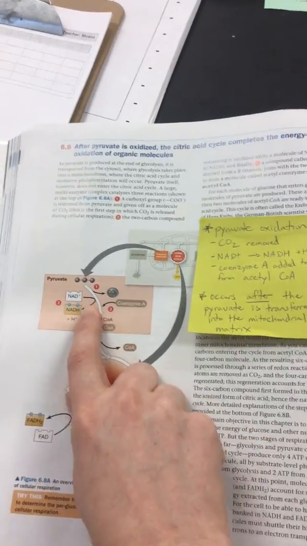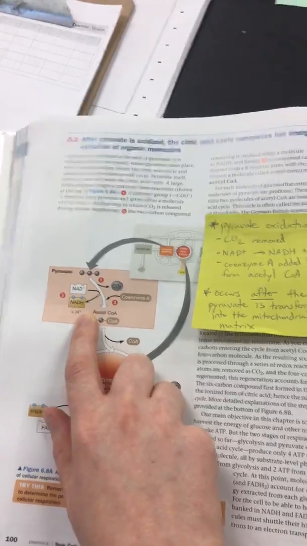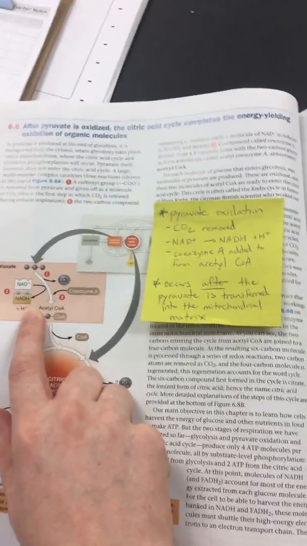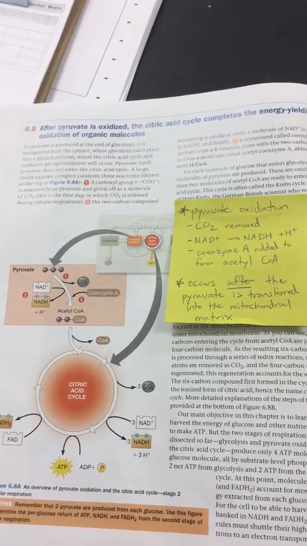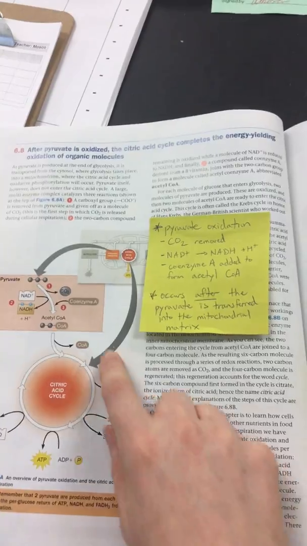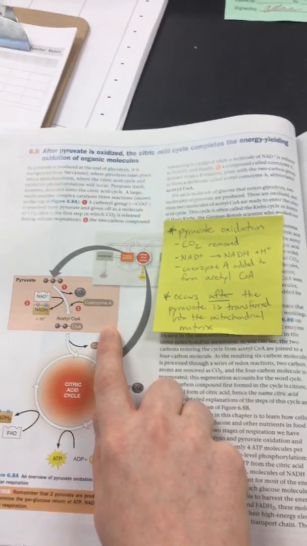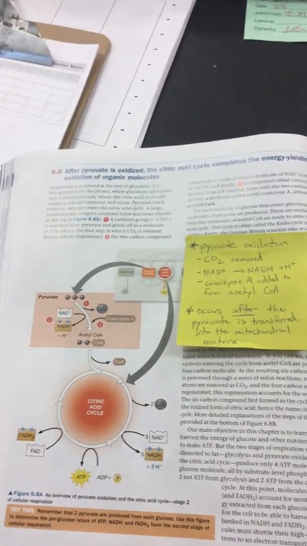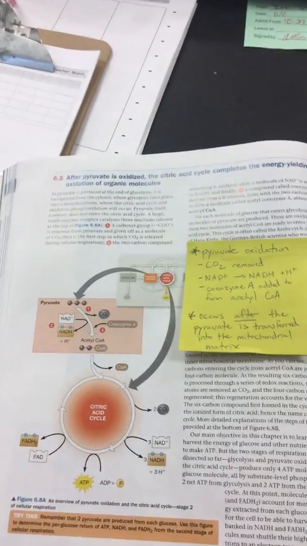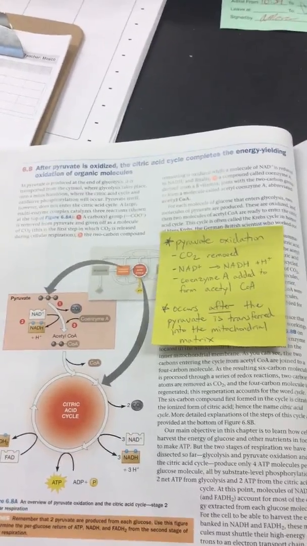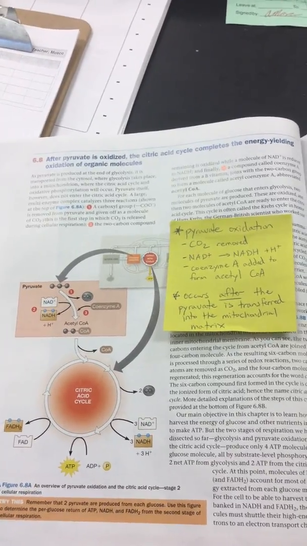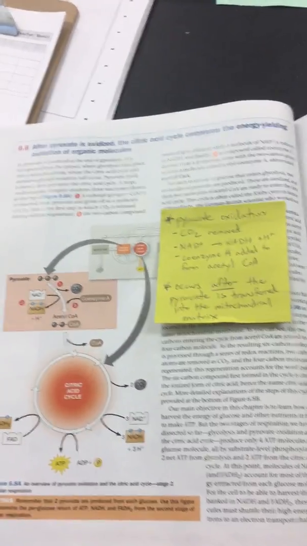In this step, NAD plus becomes NADH, so it has a couple of extra electrons and an extra hydrogen ion. It's going to carry those until the 3rd stage of cellular respiration. So the only way that this can take place is if the pyruvate is transferred into the middle of the mitochondria. So this doesn't happen outside of the mitochondria, it only happens in the matrix. Okay? With me so far? I don't see anybody sleeping yet, so that's good.